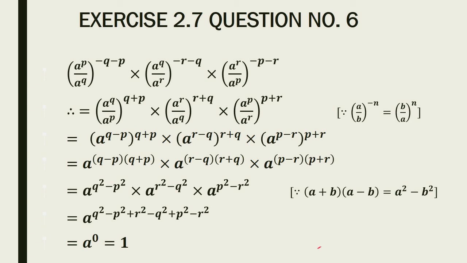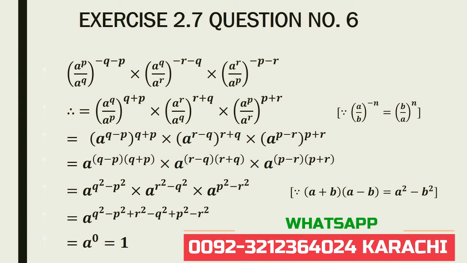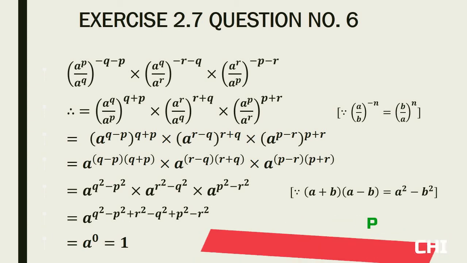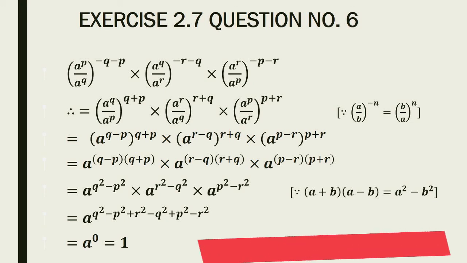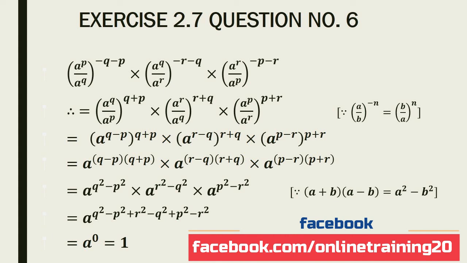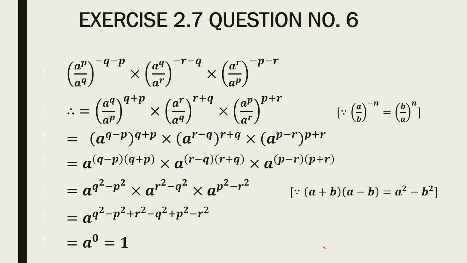As we all know, there is a very famous formula that for two expressions, a plus b into a minus b gives us a squared minus b squared. So q minus p and q plus p when multiplied will give us a raised to the power q squared minus p squared, into, similarly, r minus q, r plus q will give us a raised to the power r squared minus q squared, into a raised to the power p squared minus r squared.